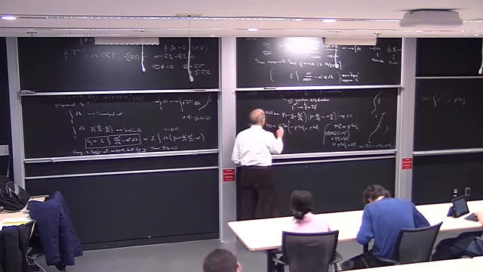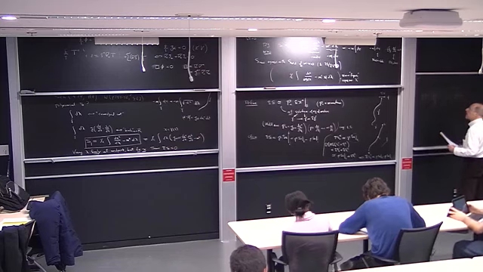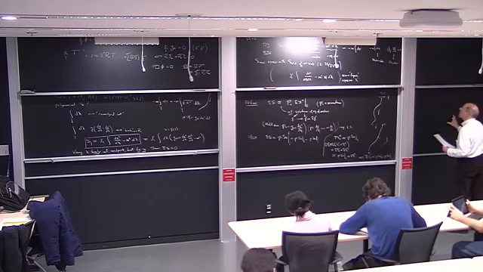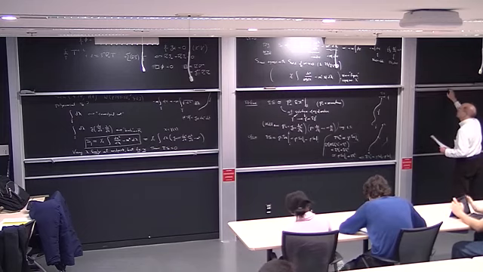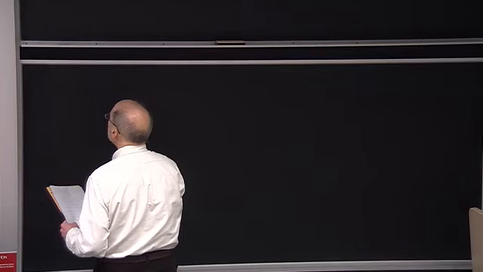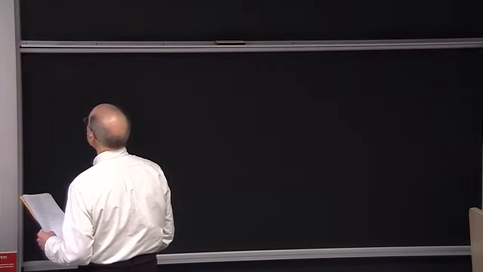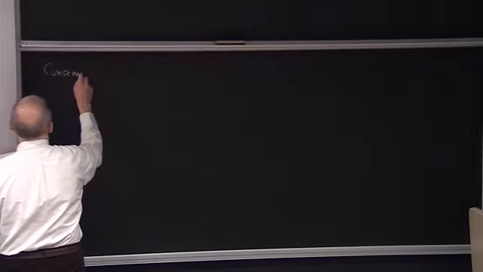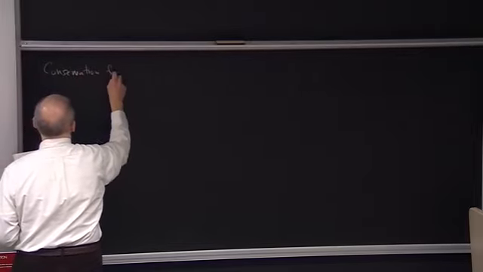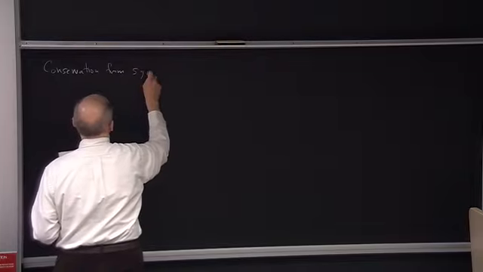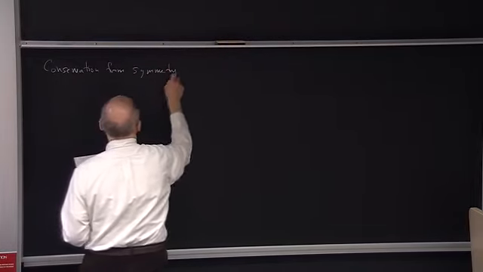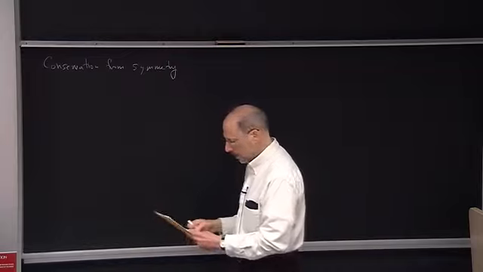So from that we can derive conservation. Okay. So now we can use this to show how conservation, in the presence of a variational principle, follows from symmetry.